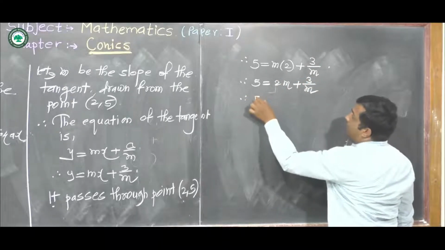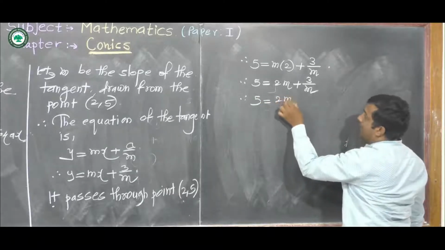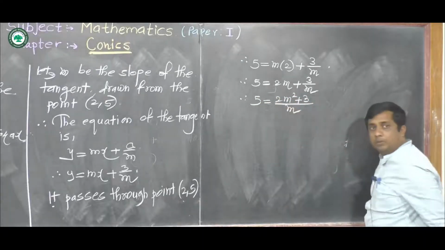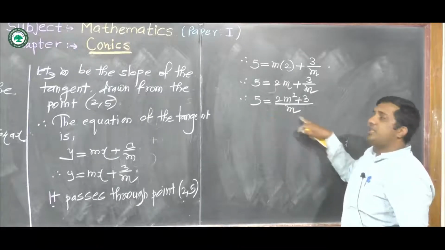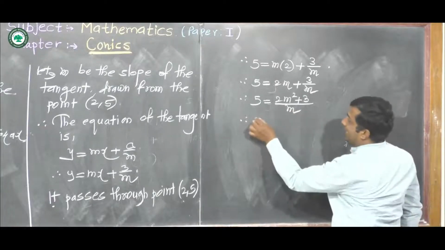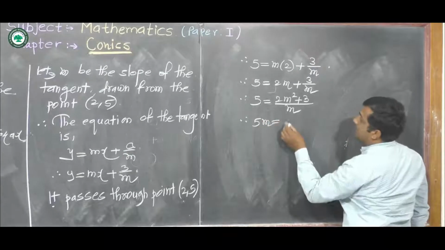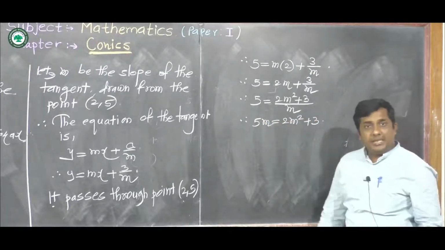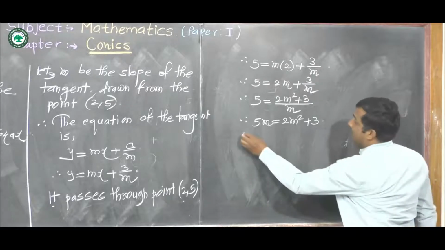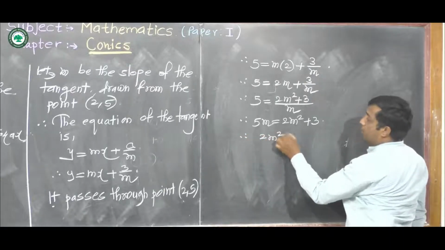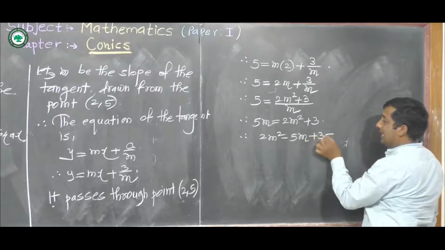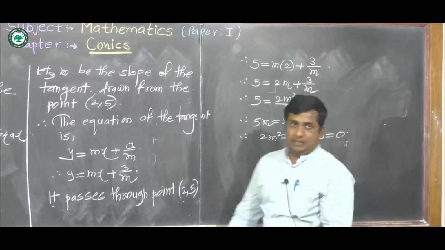Then here we get 5 is equal to 2m square plus 3 upon m. Let's multiply both the sides by m. Then we get 5m is equal to 2m square plus 3. Okay, and in last we get 2m square minus 5m plus 3 is equal to 0.